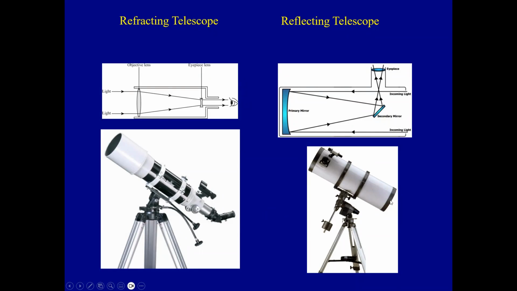This is the most simple form of reflecting telescope. The primary mirror in this telescope will be here, right? So this side is pointing to the sky. This is the primary mirror, and inside this, there will be a secondary mirror just straight behind this component. There's a secondary mirror, and this eyepiece is right here.